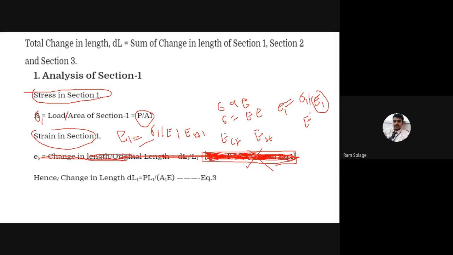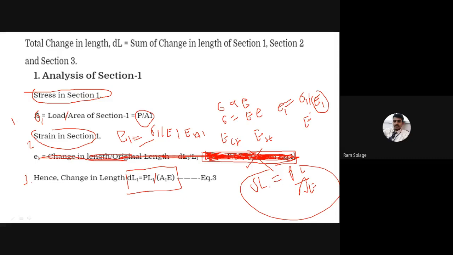Now this is formula number 1, that is sigma 1 and epsilon 1. Now hence, write down change in length, that is delta L1. Write down the formula: P L1 divided by A1 E1. Same formula we are using: delta L is equal to PL upon AE.